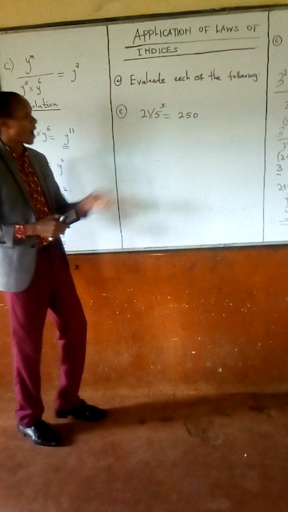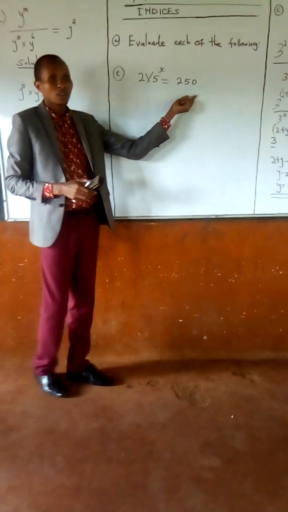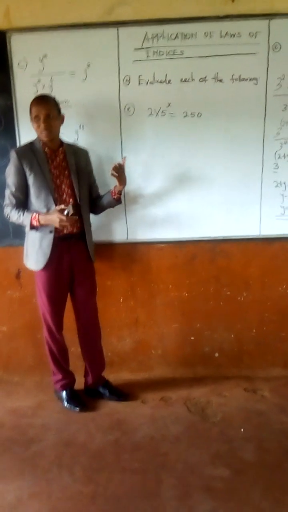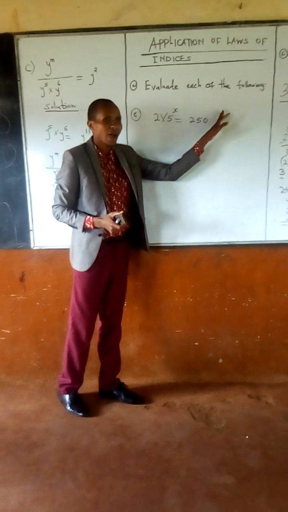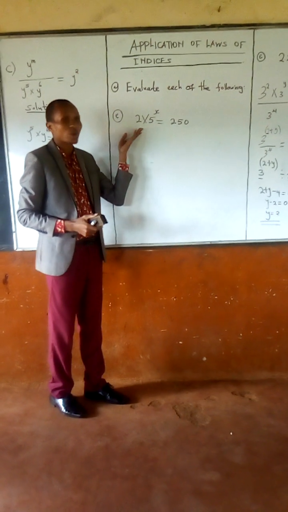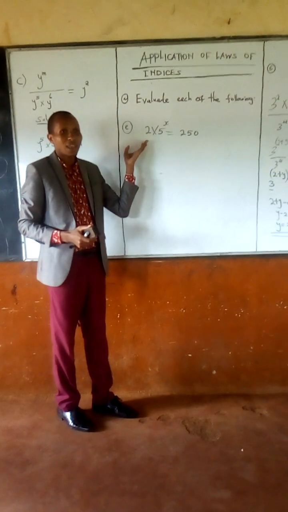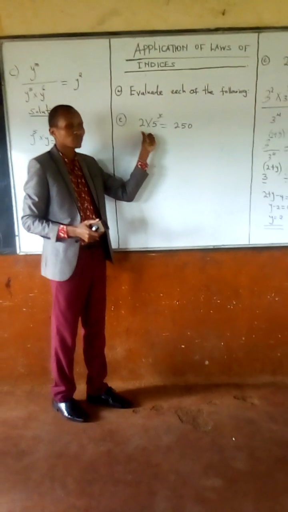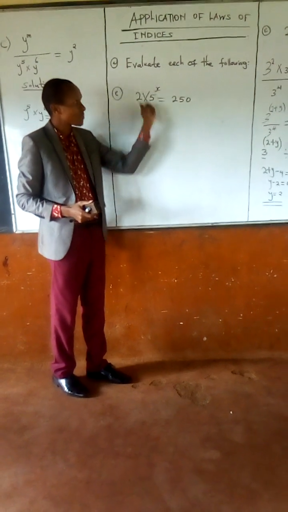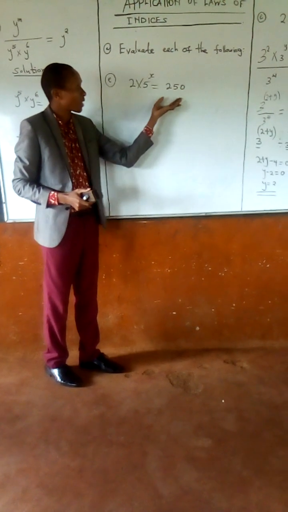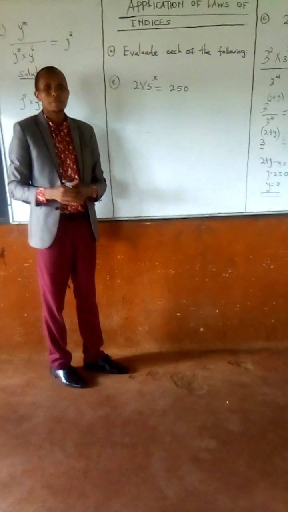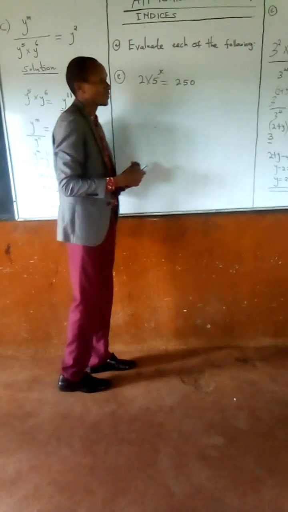Now, what we should have on the right hand side is the same base as what we have on the left hand side. We should have it in terms of 2 times 5 raised to something. So first of all, I want us to use the factor tree method to simplify 250.